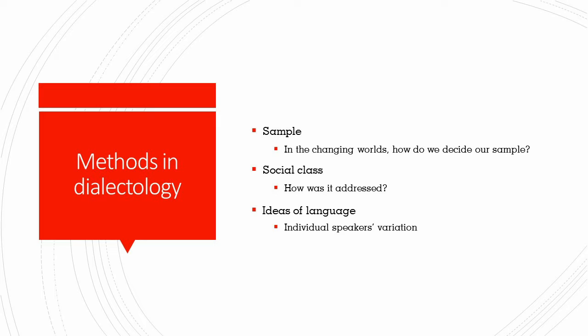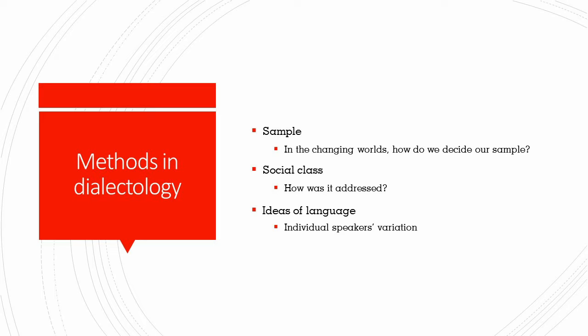When we take samples, the sampling method is based on assumptions about who the representative speakers of dialects are. Should it be a villager or a town resident or city resident? Our assumption about who will be our representative must align with the purpose of our research.